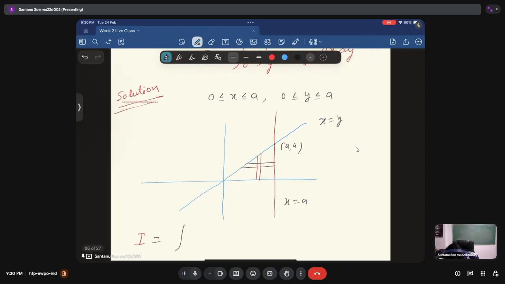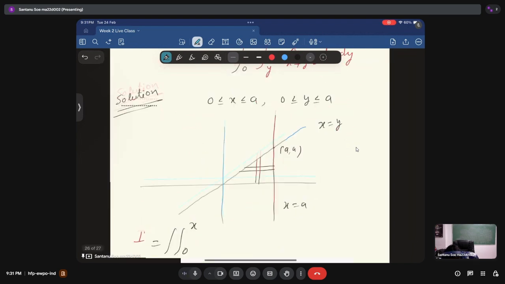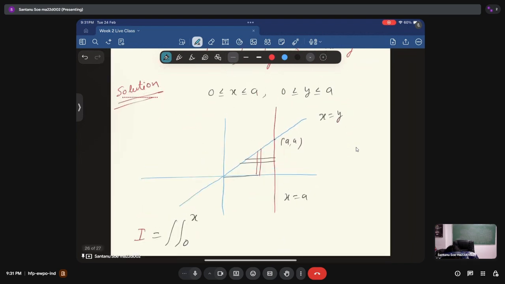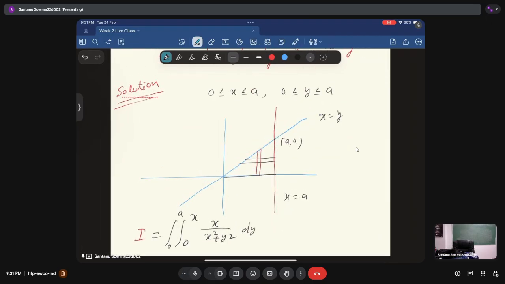So the limit of y will be 0 to x, and then the limit of x will be 0 to a. So this line, and then x divided by x square plus y square, and then dy dx. Okay, so now if you just evaluate this integration, then we'll get the integral value.